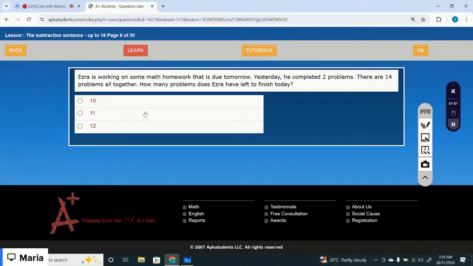That is 14 take away 2 is 12. Option number 3 is the correct option.